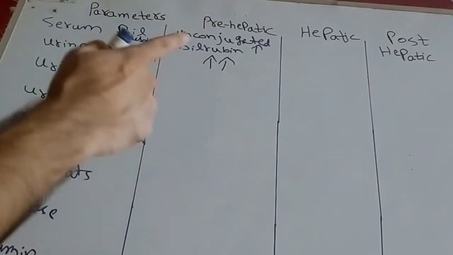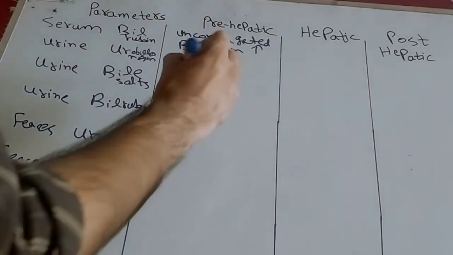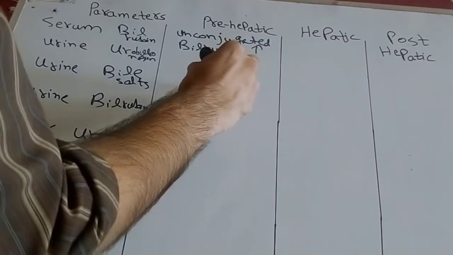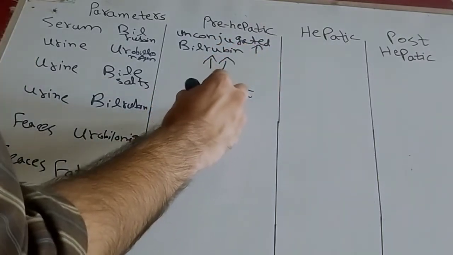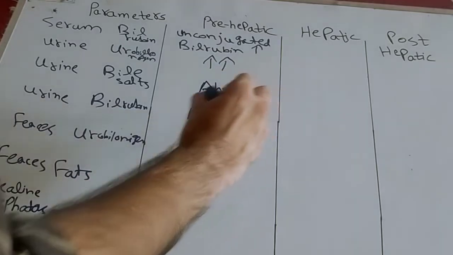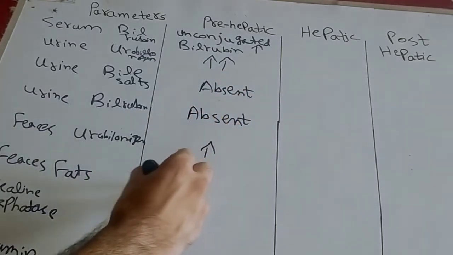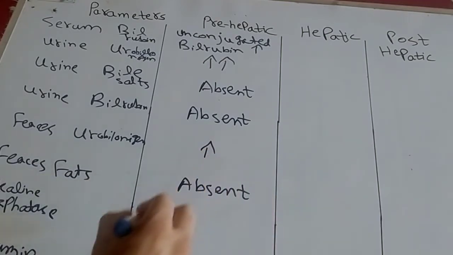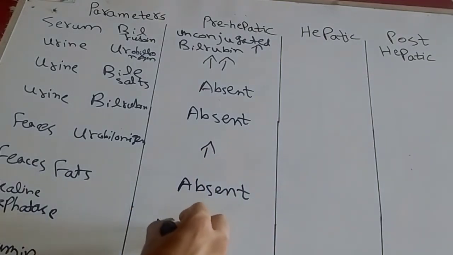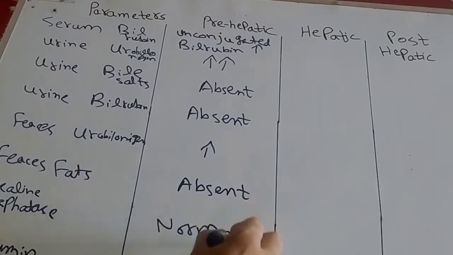Later I will explain. First of all, I will be filling this table. Absent, normal and normal.